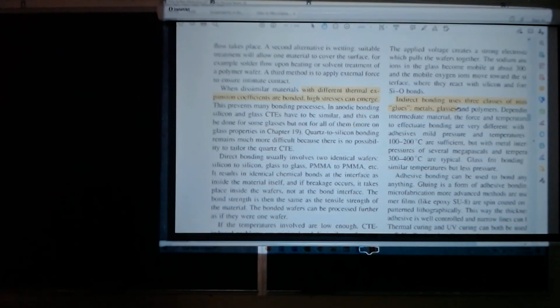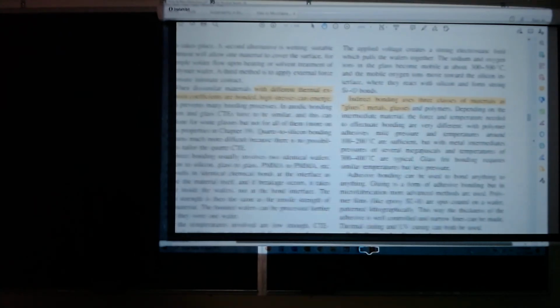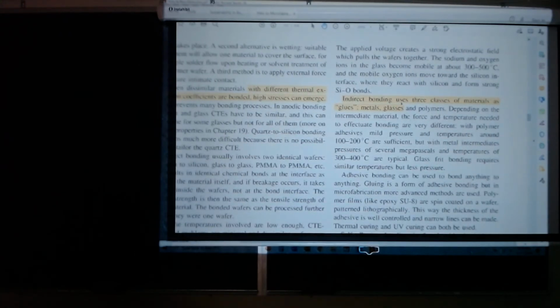Now, as discussed, indirect bonding, he says there are three classes of materials that you can use, and he puts glues in parentheses here. It is kind of like glue in the sense that you're using a low melting temperature metal or a glass to melt into each other to form a bond, kind of like a glue.